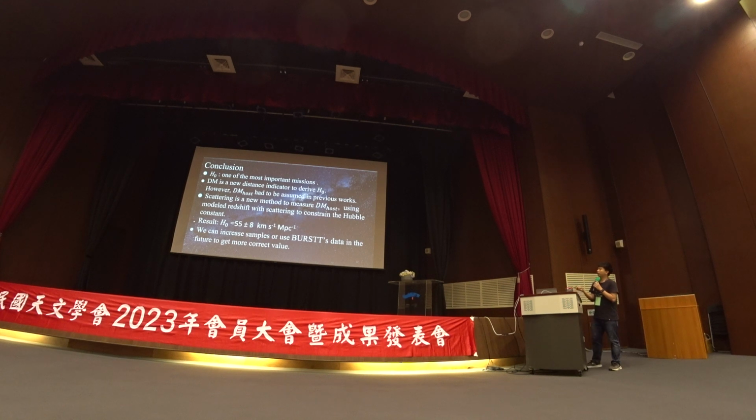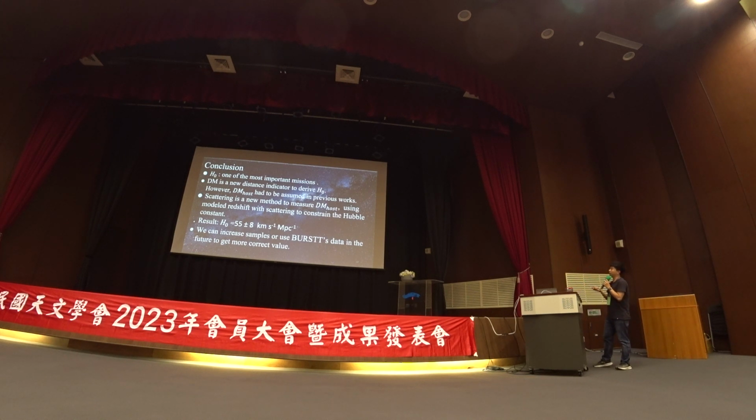So, we have the conclusion. The Hubble constant is one of the most important missions in astronomy. And DM is a new distance indicator to derive the Hubble constant.